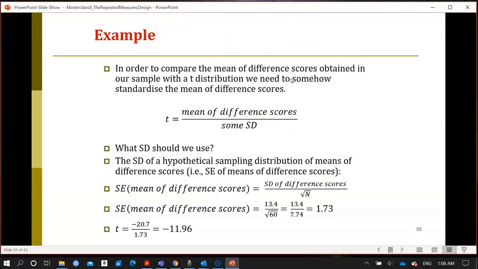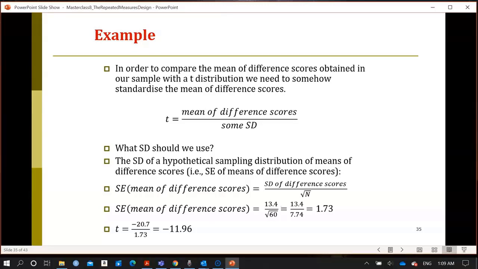In order to compare the mean difference score obtained in our sample with the t-distribution, we need to somehow standardize the mean difference of scores. So the t-score is the mean of difference scores divided by some standard deviation. What standard deviation? Well, that's the standard deviation of the sampling distribution of difference scores. How do we calculate the standard deviation of the sampling distribution? Well, by having the standard deviation of the difference scores in our sample, and then we divide that by the square root of n.